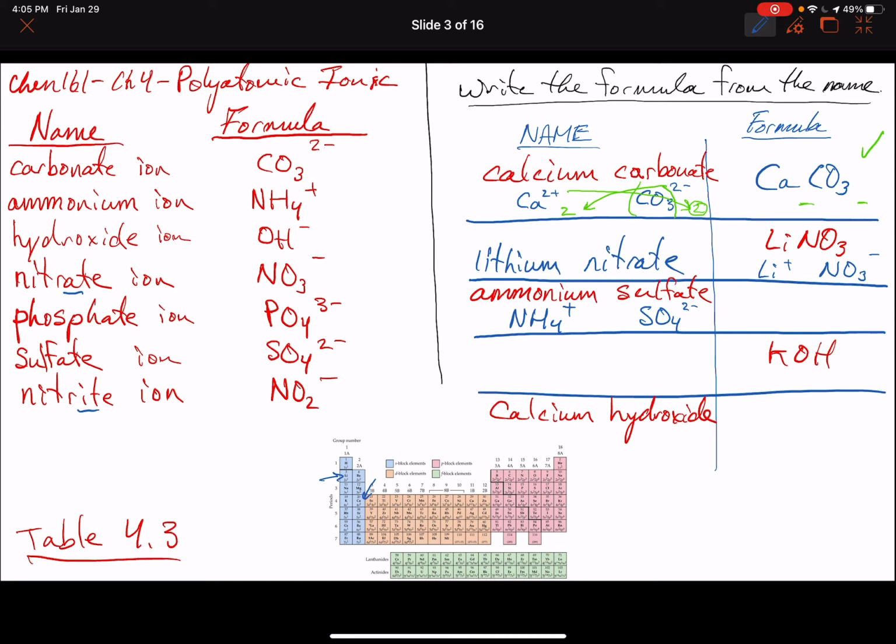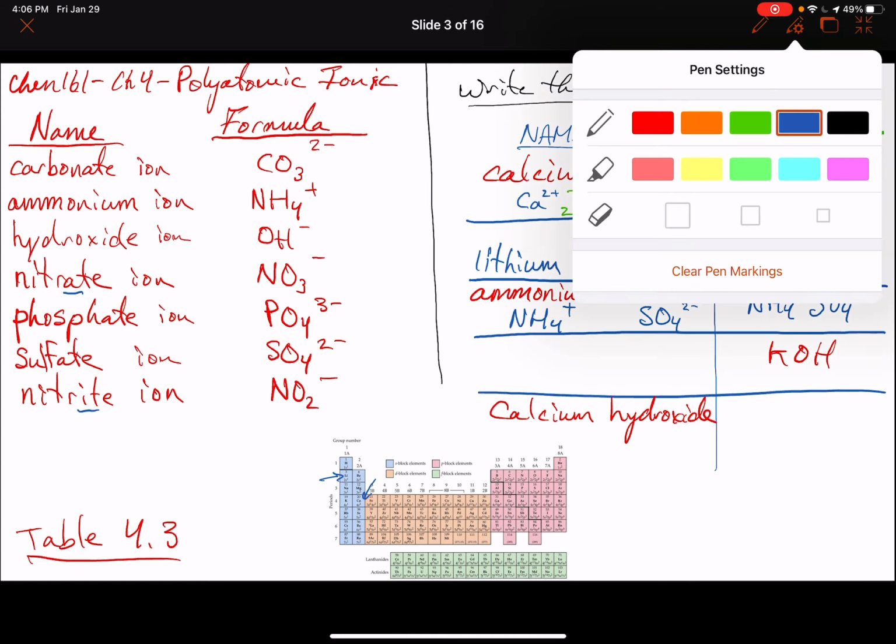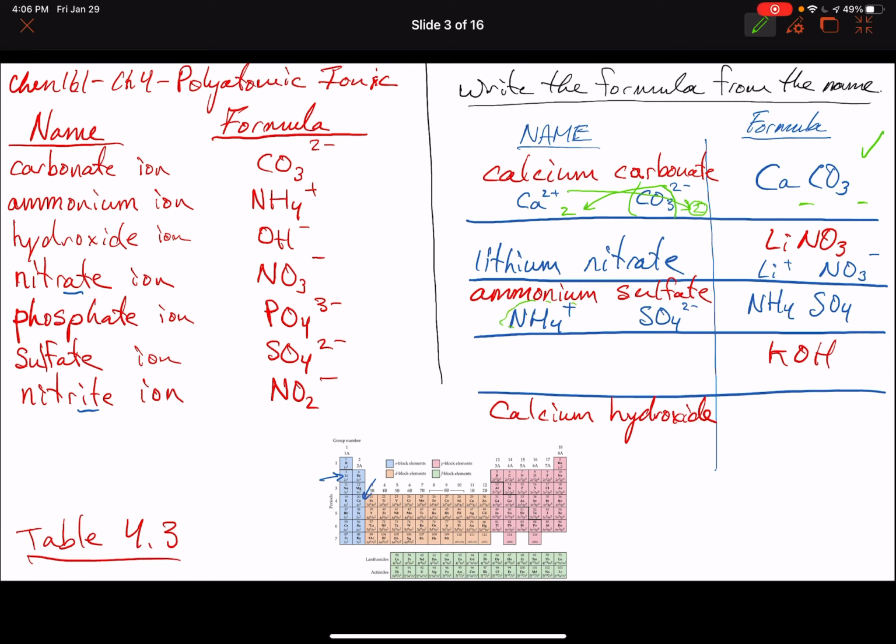And so now when we write the formula, we have to ensure neutrality. So we can begin by writing NH4 and the SO4. Now in order to neutralize the twofold minus charge on the overall sulfate polyatomic, we are going to need 2 of the ammonium species. We are going to need 2 of these to neutralize that.